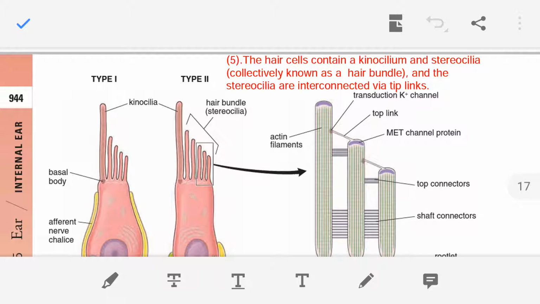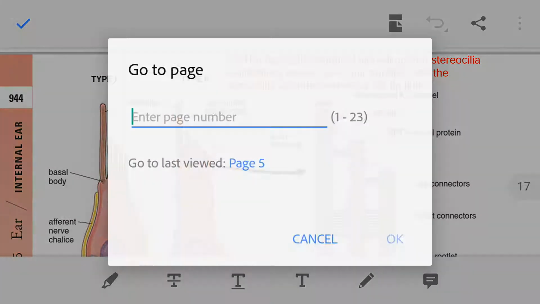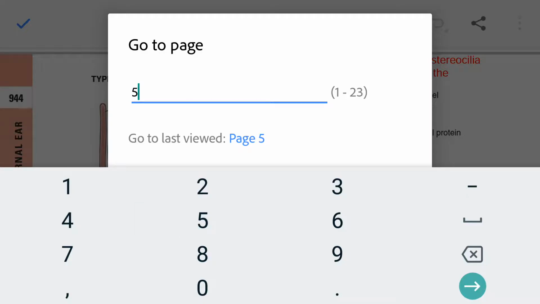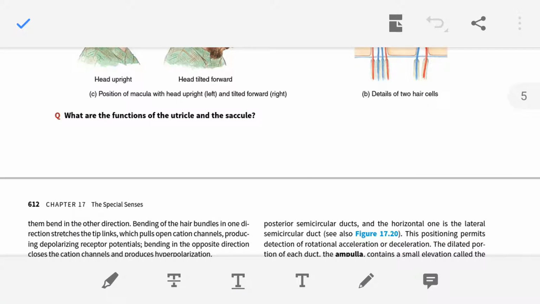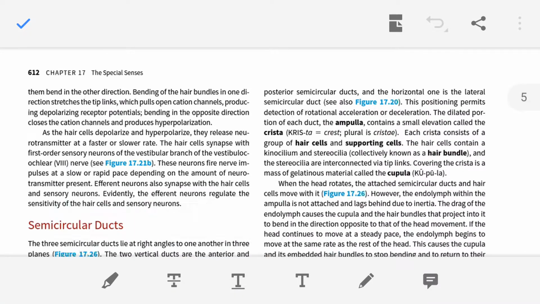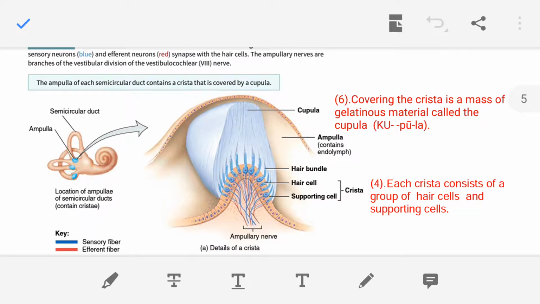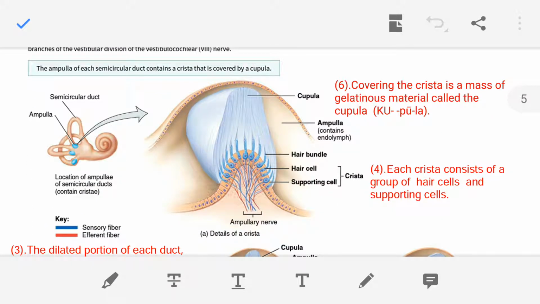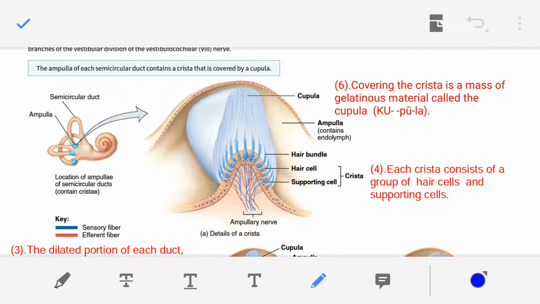Now we are discussing the sixth point. Covering the crista, see, this is the crista, and covering the crista is a mass of gelatinous material.